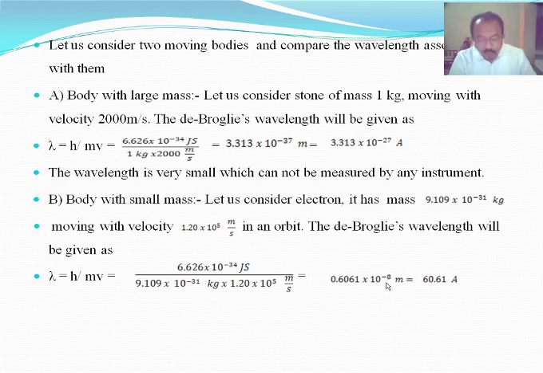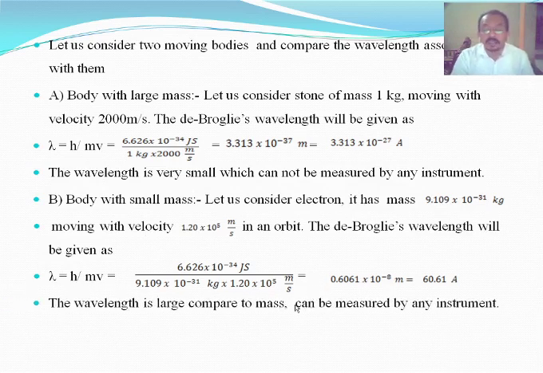Thus we can calculate a wavelength for a large mass and also for a small mass, but the wavelength of a large mass is very small and the wavelength of a small mass is very large, and it can be measured.